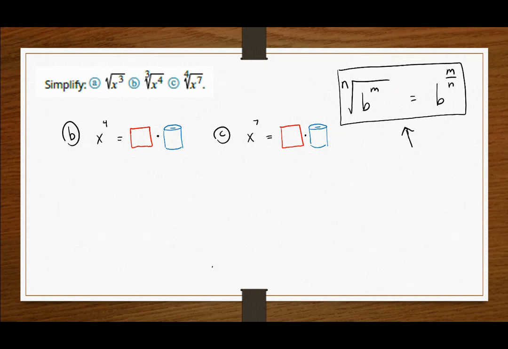X to the fourth is really just x multiplied together 4 times. And so when we ask what are the perfect cube factors inside this expression, we're looking for triplets. Looking right here, I've got at least 3 x's, and of course 1 being too many.